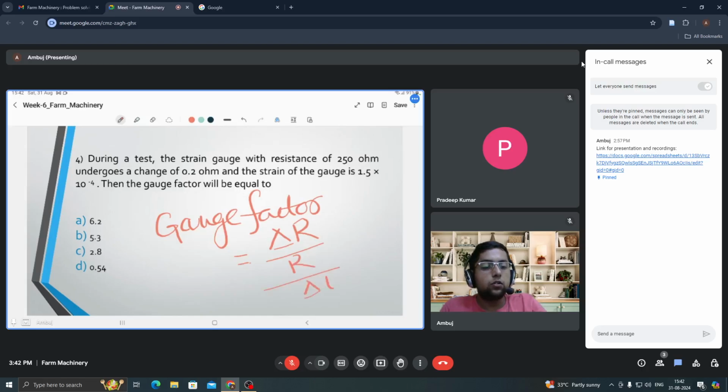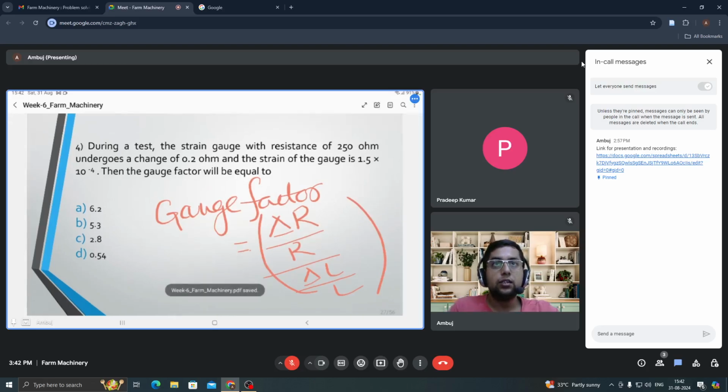Please do try to solve. That is the change in resistance over the original resistance, divided by the change in length over the original length. The denominator is directly given here. You just have to put in the values of del R and R. The denominator you can directly copy down. Do try to solve, I'll also solve along with you.